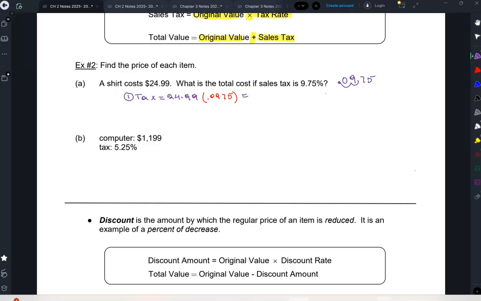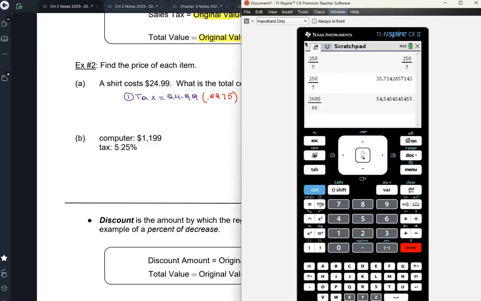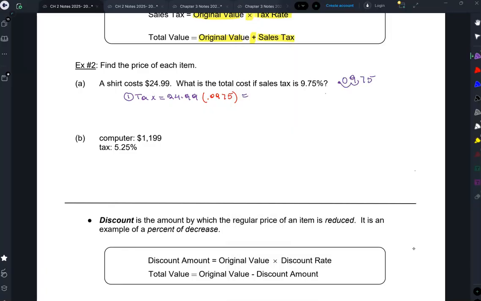What do I get? 2 point. How many decimal places should there be if it's dollars and cents? 2 decimal places, right? So that's going to be 2.44. You have to round correctly. Okay. So it's 2.44.